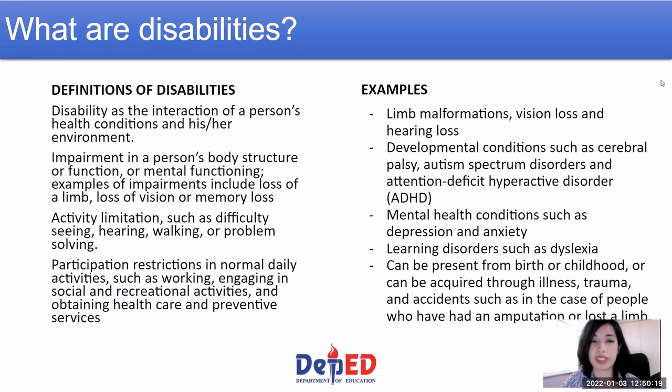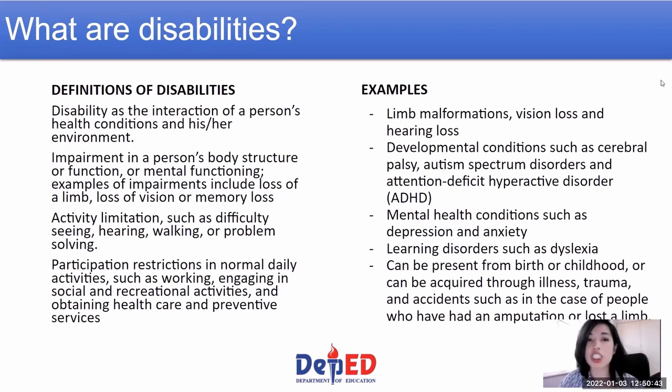Let's move on to disabilities. What are the definitions of disabilities? A disability is the interaction of a person's health condition and his or her environment, and involves the impairment of a person's body structure or function, or mental functioning, some examples of which include the loss of a limb, loss of vision, or memory loss.